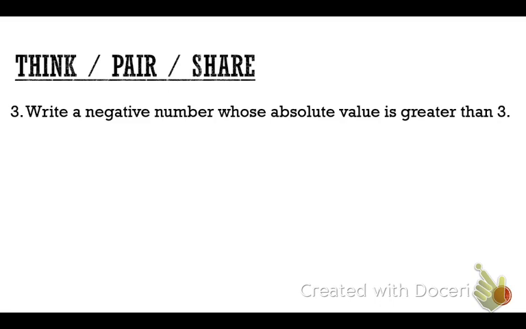Write a negative number whose absolute value is greater than 3. Brody and Harmony, what'd you guys get? The absolute value of negative 6 does equal 6, which is greater than 3. Okay, fantastic. Charbel, what'd you write?